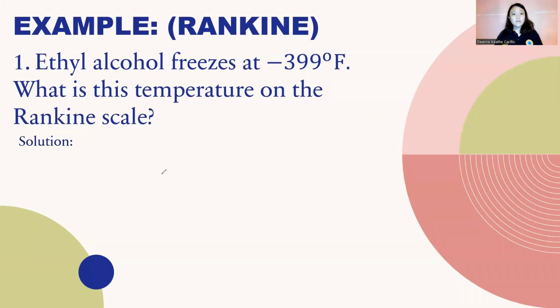Number 1, ethyl alcohol freezes at negative 399 degree Fahrenheit. What is this temperature on the Rankine scale? So let's write that formula first.